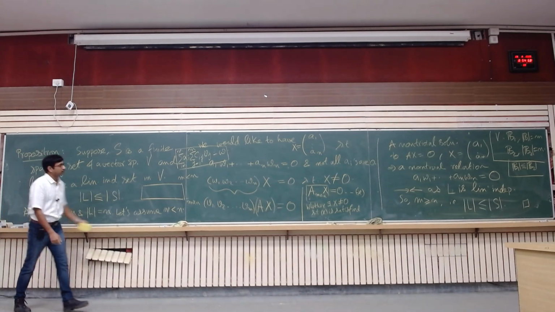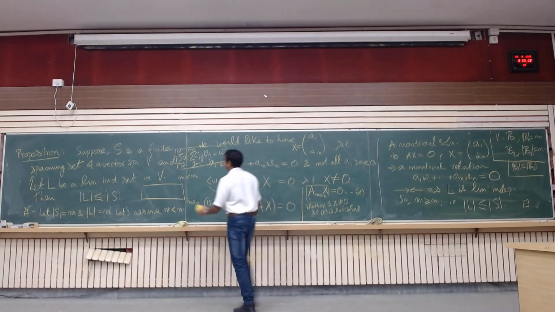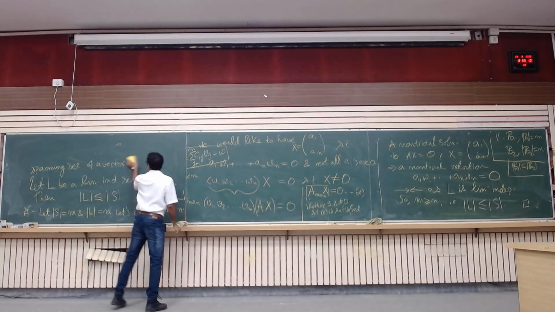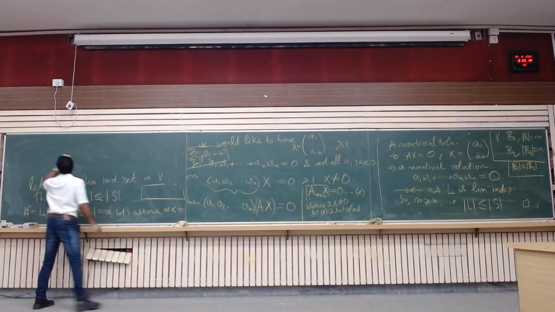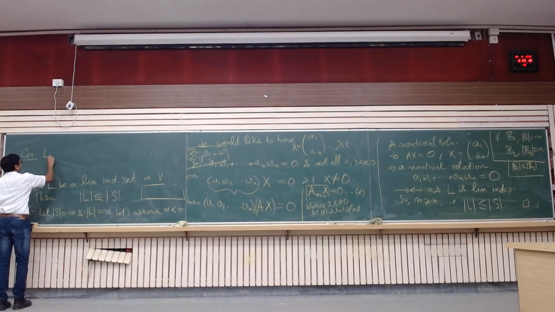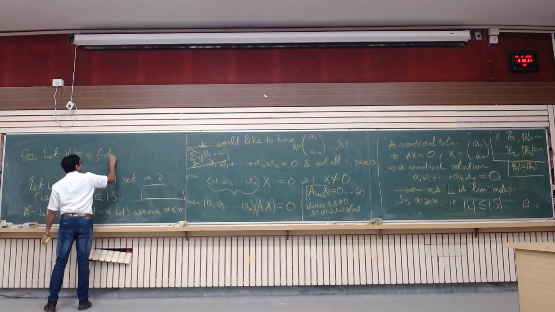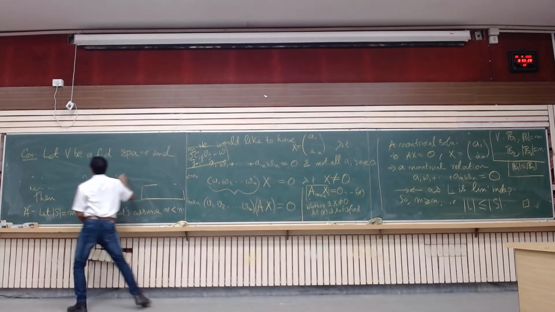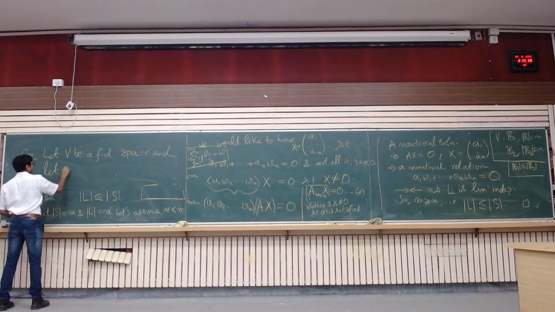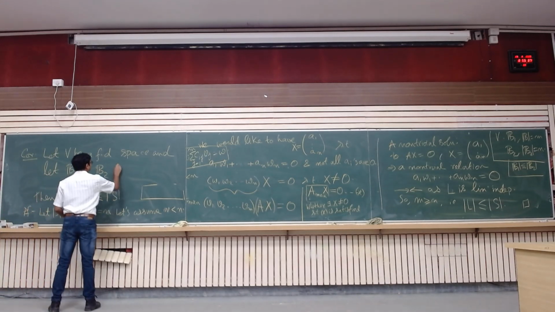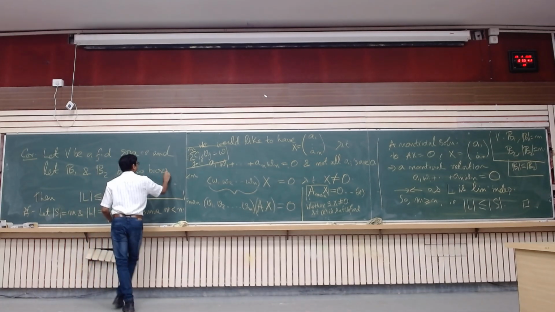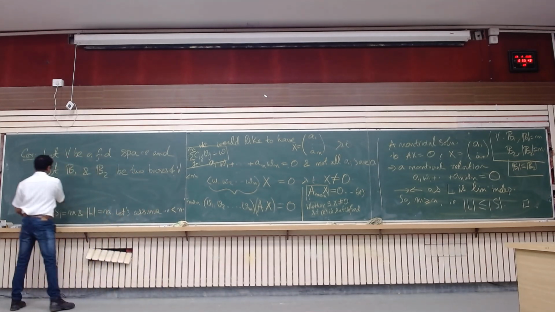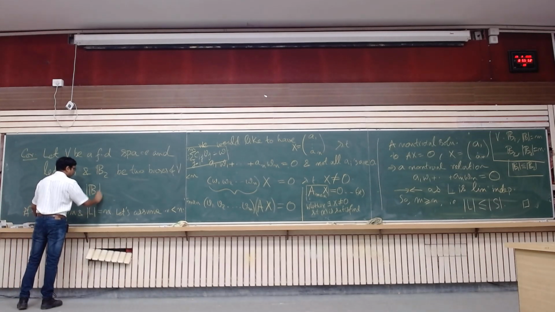And then this argument with the basis was, so as a corollary we can write here: let V be a finite dimensional space, and let B1 and B2 be two bases of V. Then the cardinality of B1 and the cardinality of B2 are equal.